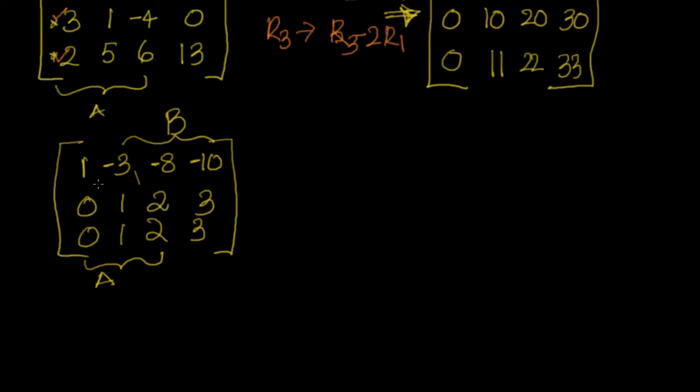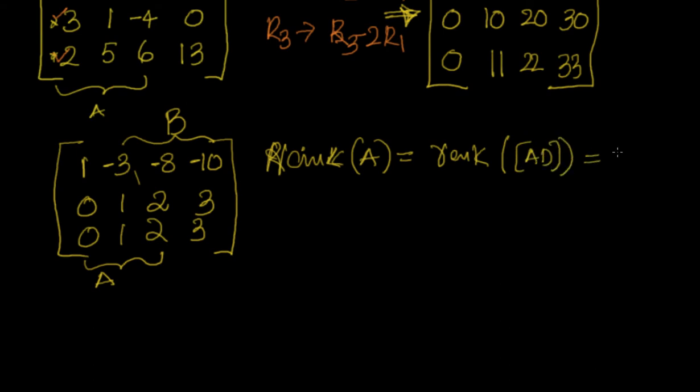But I can find a submatrix which is not equal to 0. Similarly, here I can find a submatrix which is not equal to 0. So I will say rank of A is equal to rank of the augmented matrix, which is equal to 2. Why is it equal to 2? Because det of A is 0 and also det of B is 0.